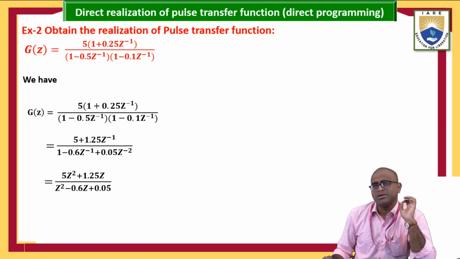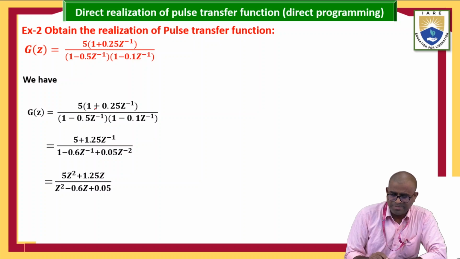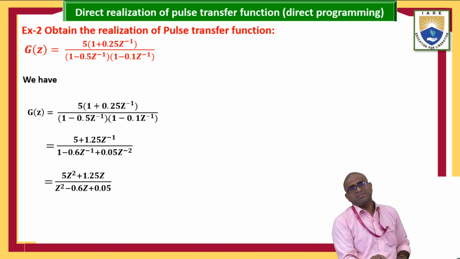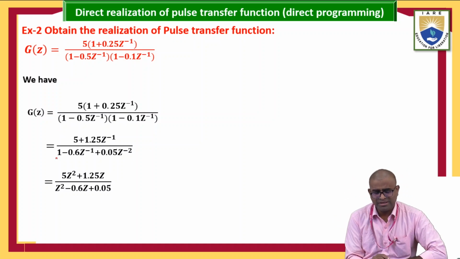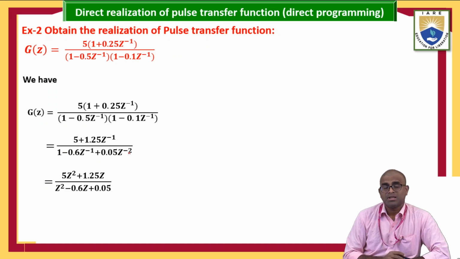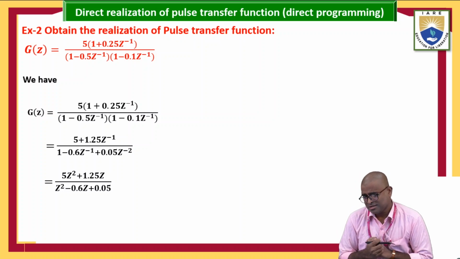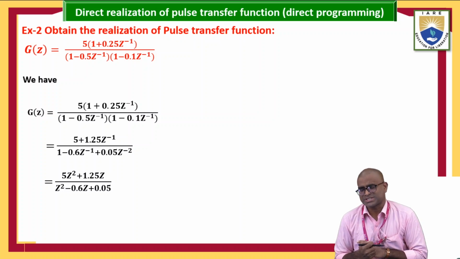Always the function is in the form of z only. So first, multiply this function: 5 plus 1.25 into z power of minus 1 by 1 plus, multiplication of these two, coming as minus 0.6 z inverse plus 0.05 z power minus 2. After that, we go for the standard equation for the pulse transfer function.